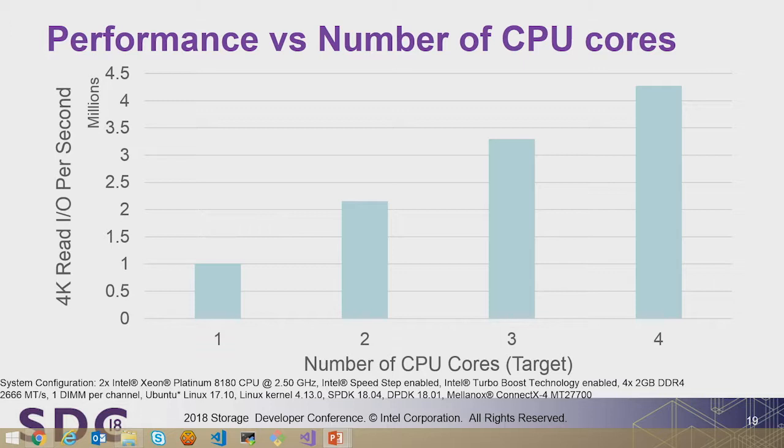And then the final one I have is we're doing 4K random reads, again. Then we're giving the target more CPU cores, but having the initiator stay with the same workload. So the initiator has 4 threads submitting I/O on 2 different 25 gig NICs, I think.